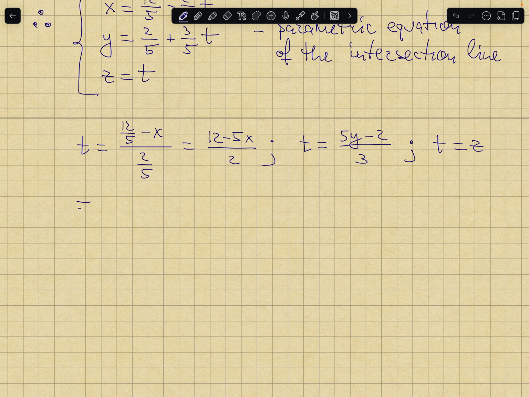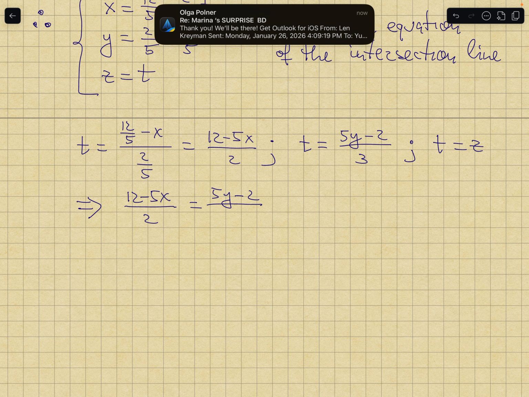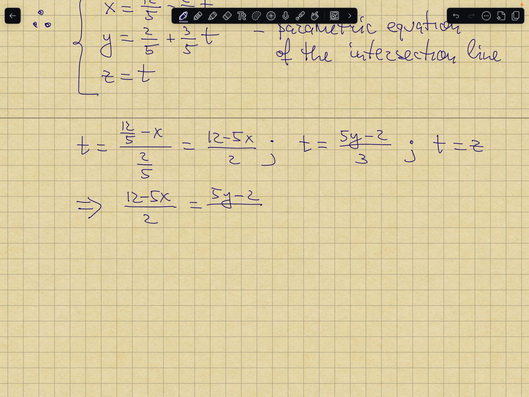And so my symmetric equation I'm going to get by equating all of these t's, so 12 minus 5x over 2 is equal to 5y minus 2 over 3, and that is equal to z. So this would be the symmetric equation of my line.